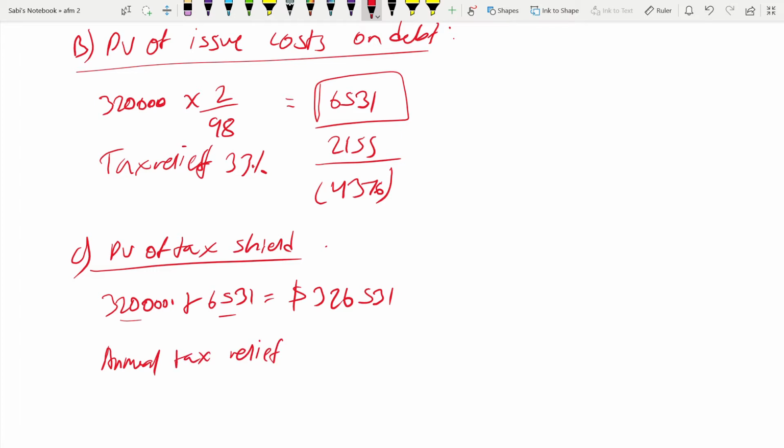Now annual tax relief. What is annual tax relief? 326,531 is the amount of the loan. What will be the percentage of debt? I mean the cost of debt, 10%. For the interest, 10% is for the interest, okay? And tax is 33%. So it will be 10,776. That's not enough.